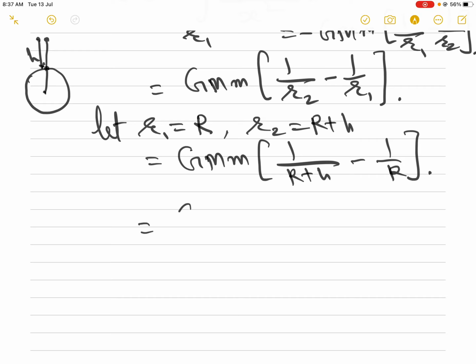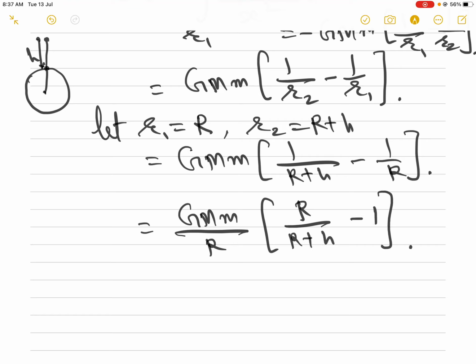Now you may take common G M m by r, then it will be 1 upon r upon r plus h minus 1. And by solving it, we will get delta U will equal to mgh. So this is the formula. We know that increase in potential energy is mgh when a body goes up to height h.